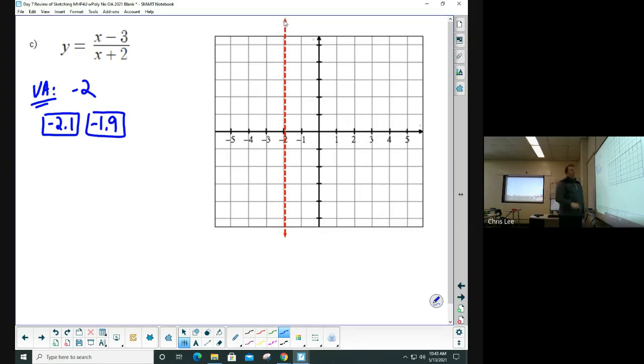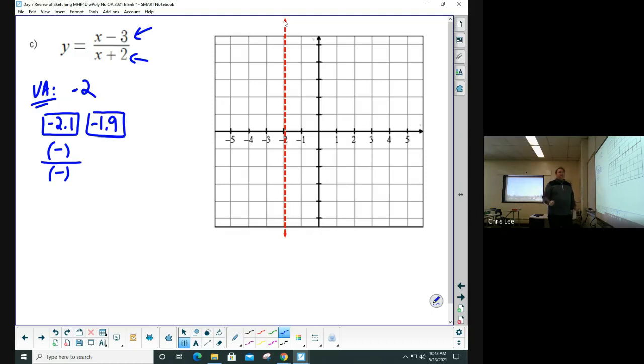So what we did was we plugged -2.1 into this equation. On the top, if you have -2.1 and then subtract 3, you're going to be somewhere negative. I don't care that it's -5.1, I just care that it's negative. Over the bottom, if I put -2.1 and I add 2, it doesn't get me close enough to the positives. It's going to stay negative. -2.1 plus 2 is actually -0.1, but it's still negative.